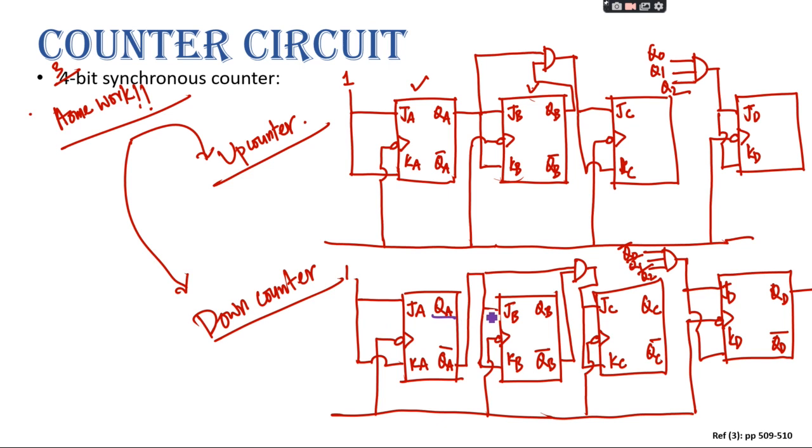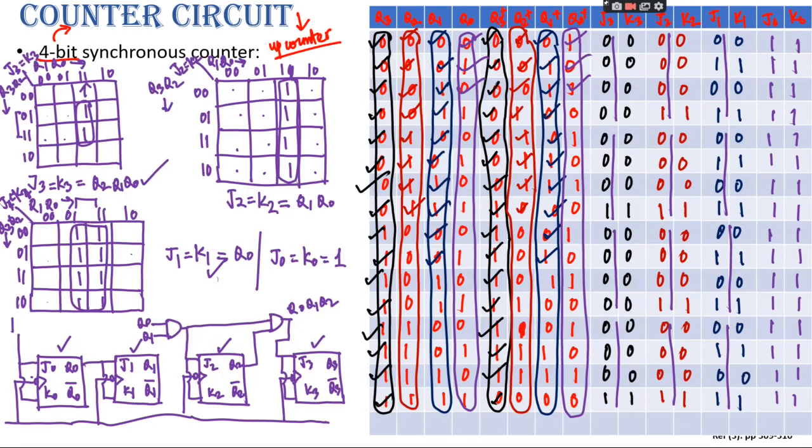Instead of the output, you need to take the bar, the complement of it, and it should be connected together the same as the up counter, with the exception that instead of QA you are connecting QA prime, and you can do it from the JK flip-flop, right? Yes, sir. Is there any question so far, or anything that needs clarification?